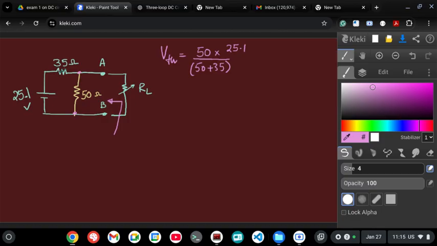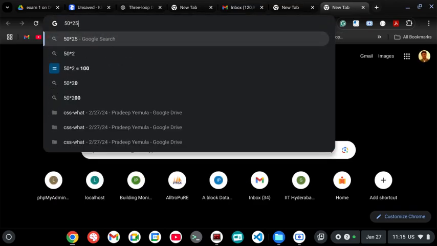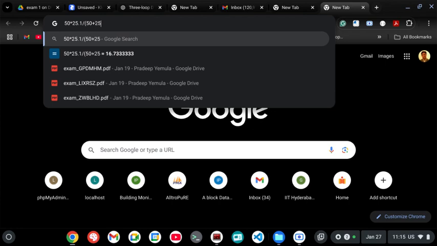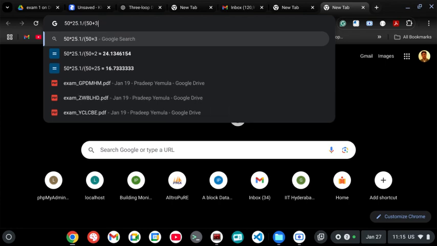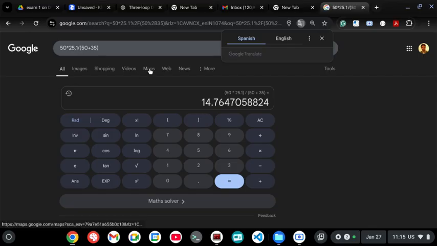The voltage will be proportionally divided between 35 and 50 with this 25.1. So we will be getting something like this. 50 into 25.1 divided by 50 plus, sorry, 50 plus 35. So 14.764.